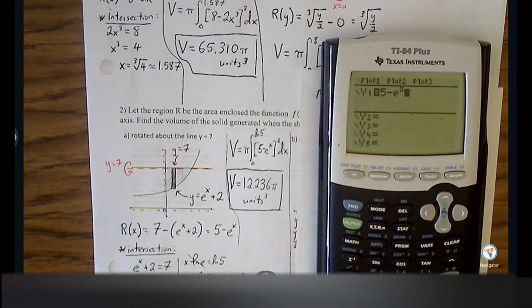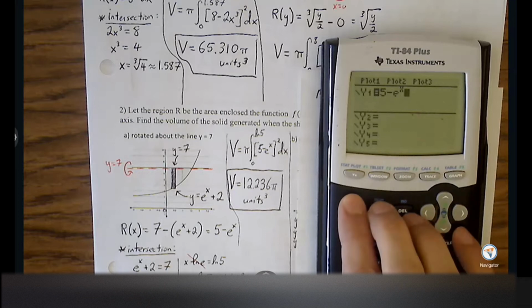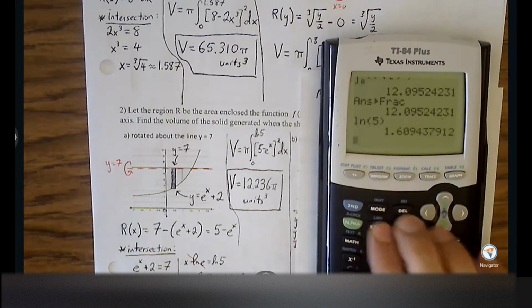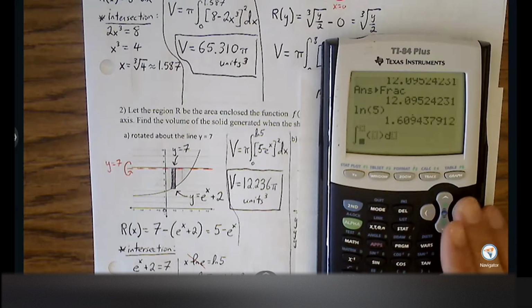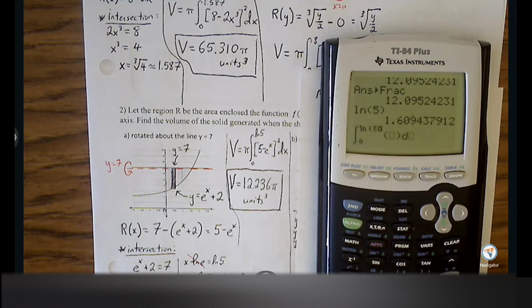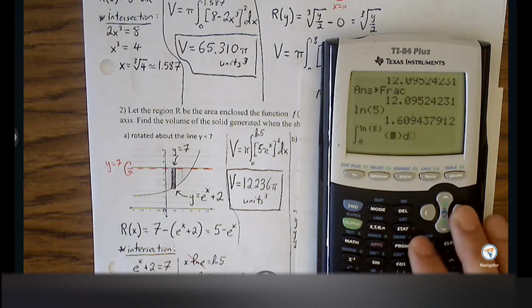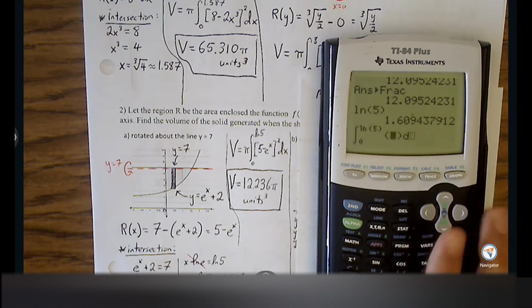And if you have it stored under y1, then when you're ready to call it, it's going to look a little cleaner. You don't have to worry about keeping track of all the parentheses in the problem. Sometimes if you miss a parenthesis, it may either give you the wrong answer or give you an error, and sometimes it's hard to troubleshoot and find where that issue is.